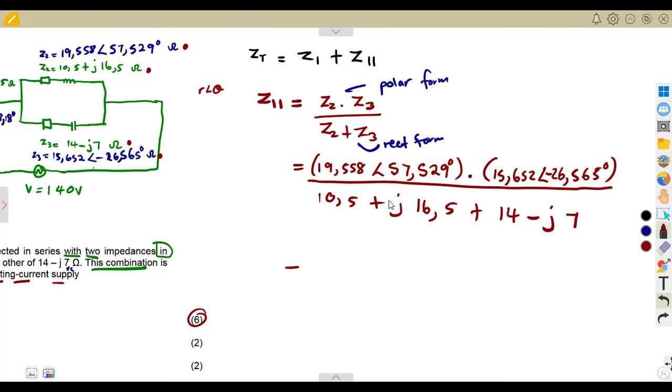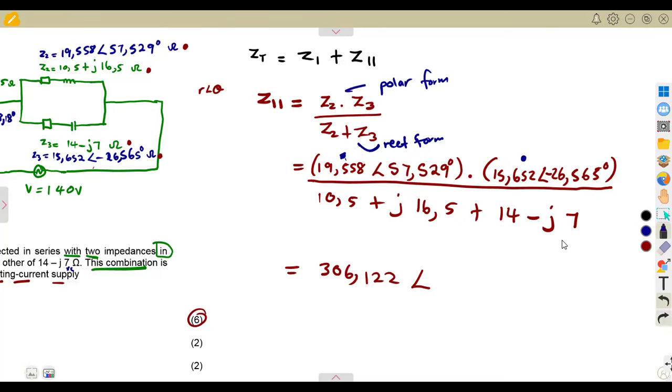So this is it. In polar form, multiplying, remember, you multiply the numbers, then the angles you add. So you multiply 19.558 by this value, to 3 decimal places, you're going to have 306.122. Then the angles you add in polar form. If you're multiplying, you add.